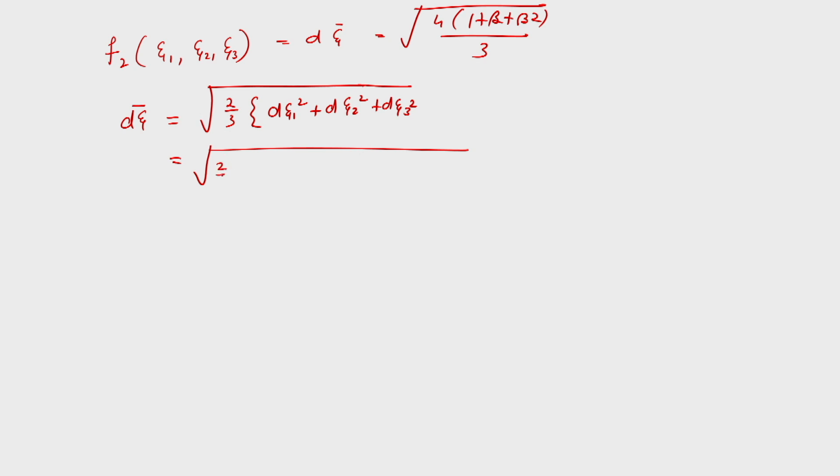Which is nothing but you can always write as 2 by 9 into d epsilon 1 minus d epsilon 2 the whole square plus d epsilon 2 minus d epsilon 3 the whole square plus d epsilon 3 minus d epsilon 1 the whole square.